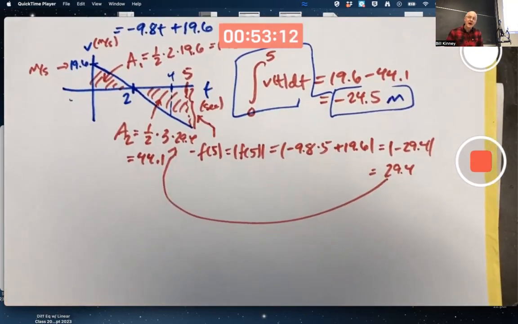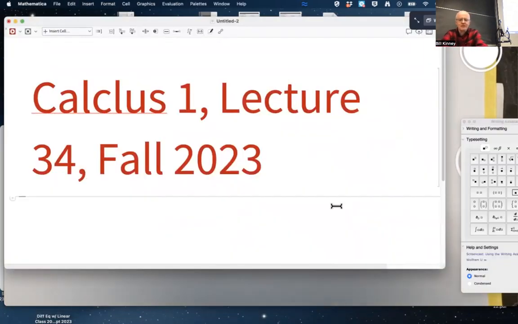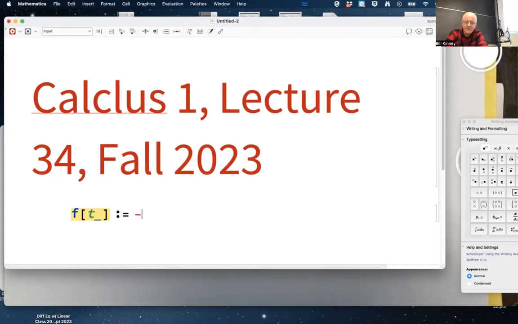Let's do it as a limit, but let's use Mathematica to help us do it faster. So f of t is, oh, I used a v of t. I used inconsistent notation by hand. Maybe you noticed that.